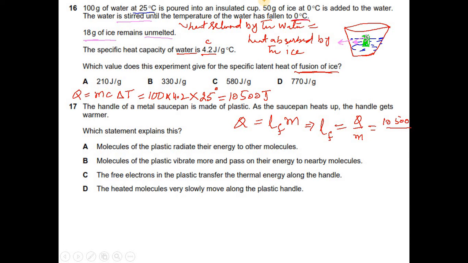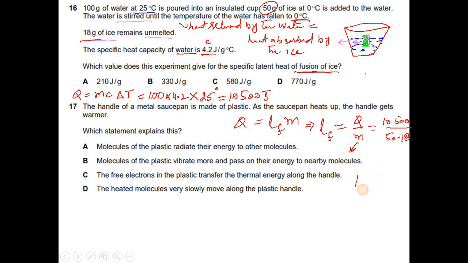The mass which melts during this process: the initial mass of ice was 50 and the unmelted was 18, so m is 50 minus 18, which gives you 32.